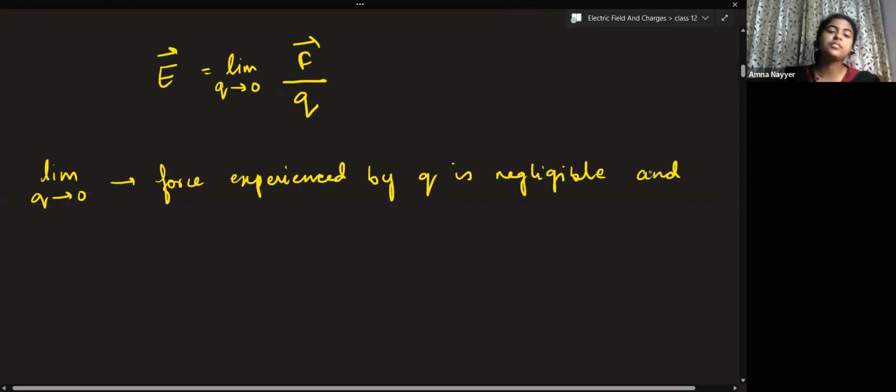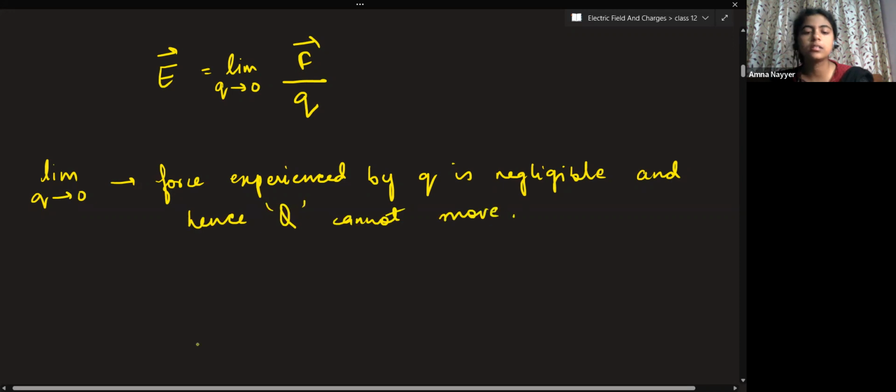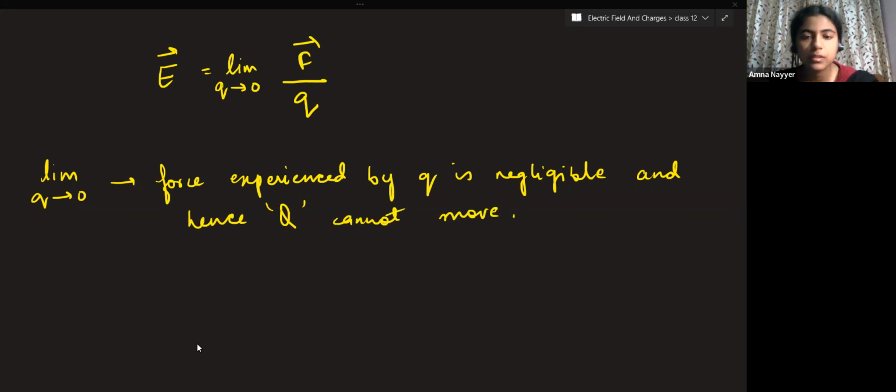And if the force experienced by small q is negligible, this shows that capital Q is a stationary charge and hence cannot move. So hence capital Q cannot move.